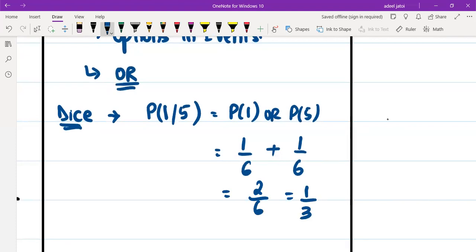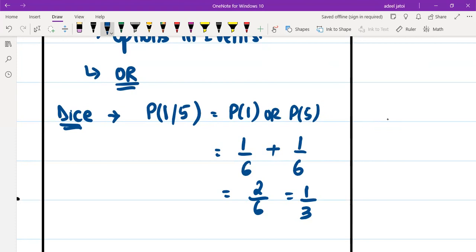So that means you had a choice of two events when the dice was rolled, and the probability of having 1 or 5, by adding 1 upon 6 and 1 upon 6, is 2 upon 6. Those 2 upon 6 mean the probability of getting 2 sides out of 6 sides, which is 1 upon 3.